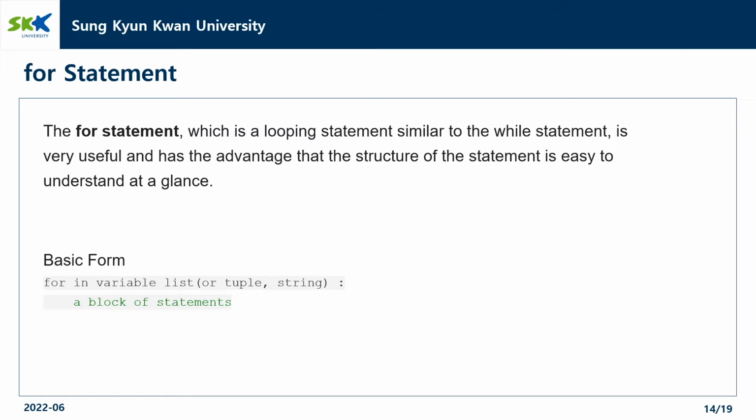The basic structure of the for statement is as follows. A block of statements is executed by assigning variables sequentially from the first element to the last element of a list, tuple, or string.